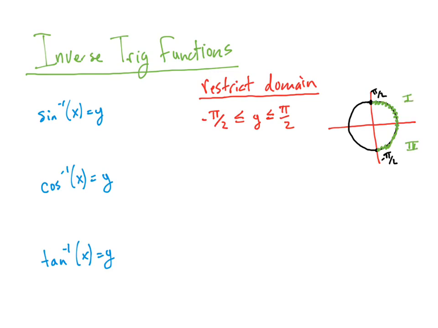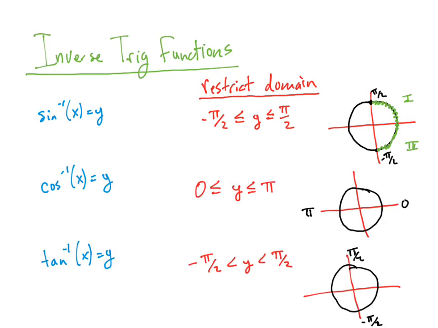And then let's think similarly about the inverse of cosine and the inverse of tangent. So for cosine, we restrict the output to be between 0 and pi. So that is going to be anywhere in this area, between 0 and pi. And I didn't mention this for sine, but we're going to include those endpoints.